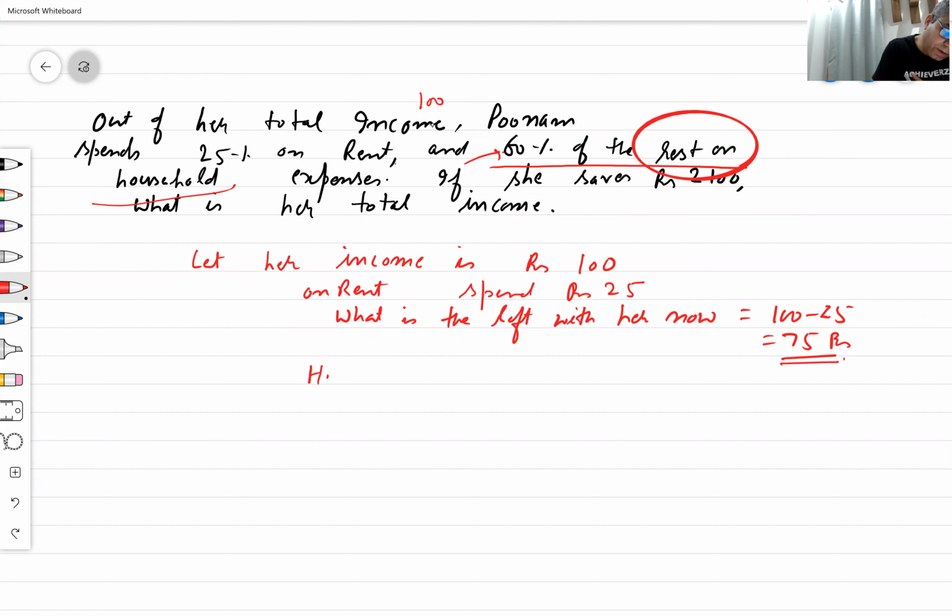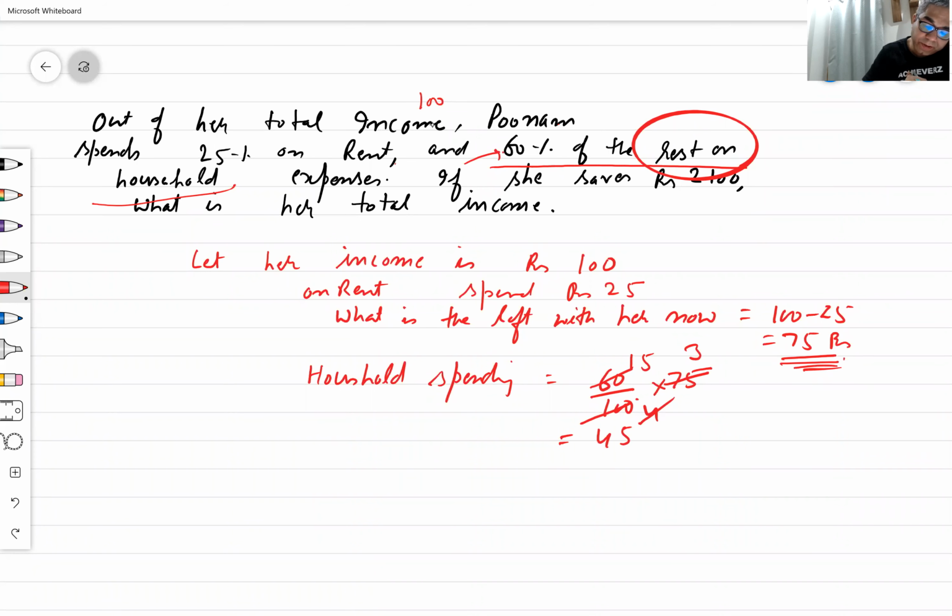So household spending is on the remaining part. That means 60% of rupees 75. So 60 over 100 into 75. So how much is this? 45 rupees. So she was left with 75 rupees and she spent 45 rupees on household.